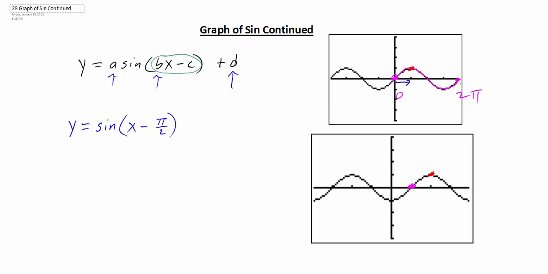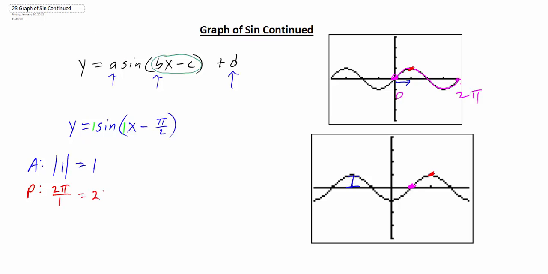Once again, if we go through each of the calculations, let's look at the amplitude. That means we're looking at the A value, so the absolute value of 1 is still equal to 1. We can see that the distance for the amplitude is still 1. The period was 2 pi over b, and B is our coefficient of x. The coefficient of x is still 1.